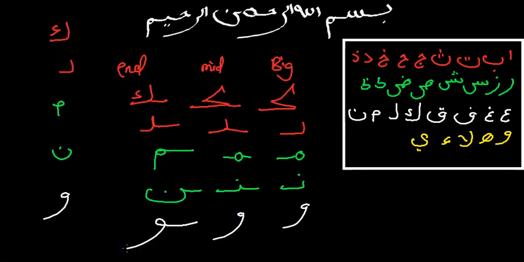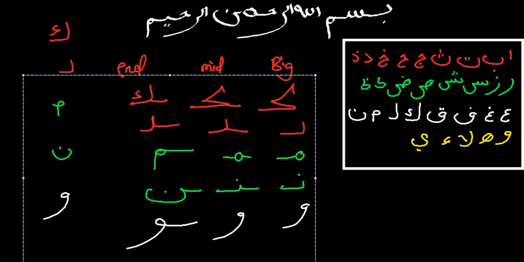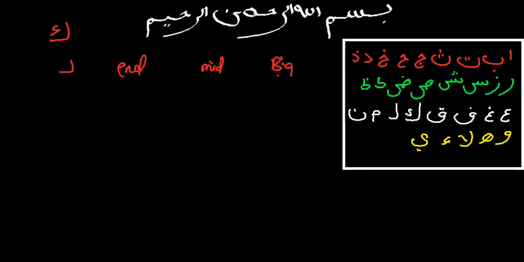What about ha'un? The isolated form of ha'un is ha'un. The beginning form is ha'un, middle form also is this, and the end form sometimes this.